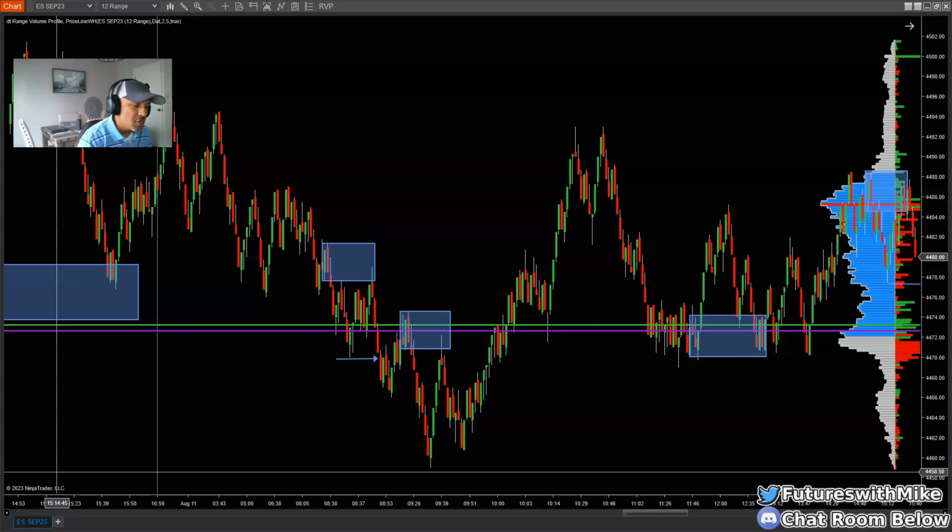But as I've shown in the past, what I look for when I scale down is basically a break of structure in the opposite direction, or just fine tune my point of entry once price taps into either a supply or demand zone. Say for instance, I'm using my 12-range chart as my higher time frame to mark my zone, and then I scale down to my 4-range chart to use as my entry chart. Then what I like to do is mark off that zone and look for a break of structure off the lower time frame.